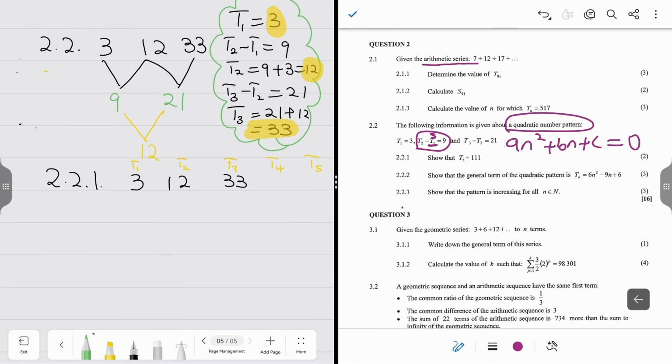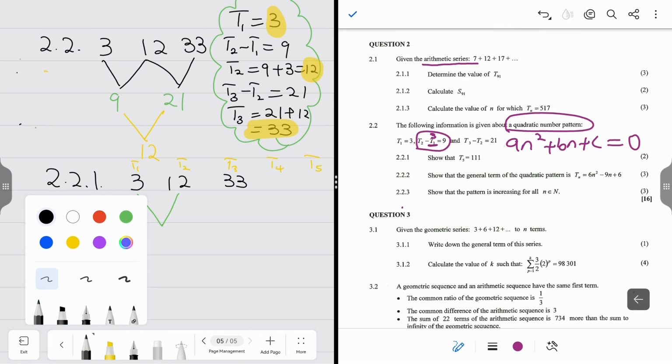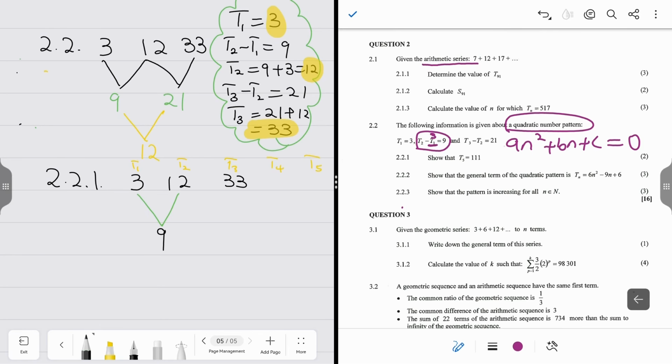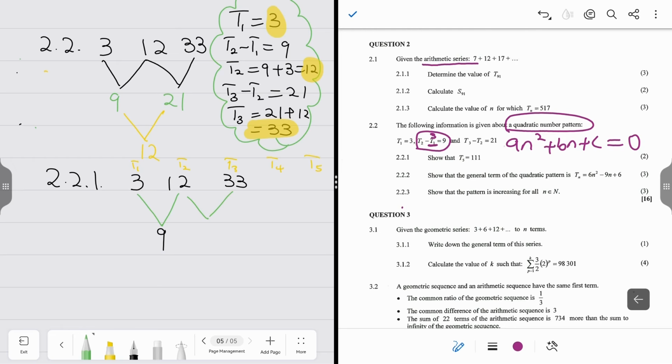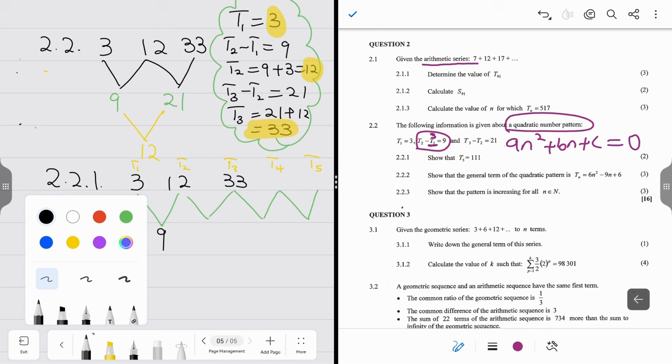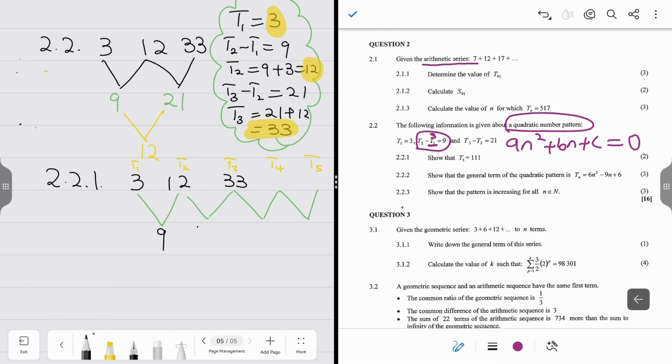The first thing we did was this, and we were able to find that it is 9. Let's do the same for the rest and see how we get to the other part, because this is the structure we have to use going forward. When I say 33 minus 12, I found that was 21. When I say 12 minus 3, it gives me 9.